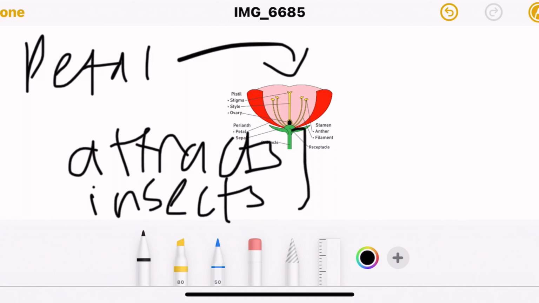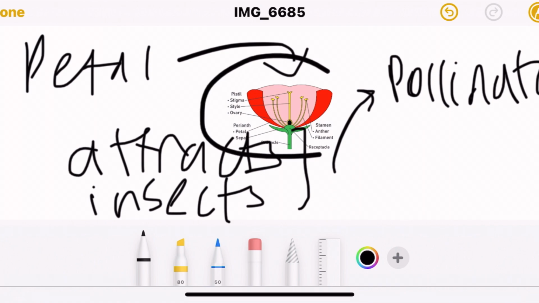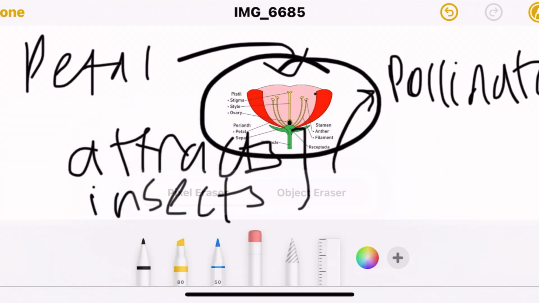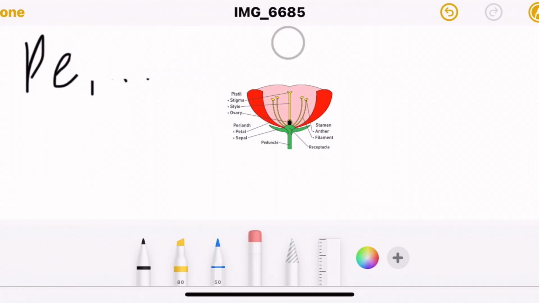And then when it attracts insects, what happens? Pollination. So that's why petals are usually colorful in insect pollinated flowers. They're usually colorful to help attract the insects. The insects help in pollination, and it's very important.